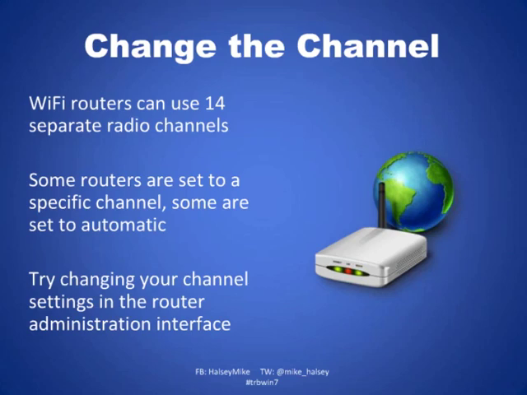So you can go into the administration interface for your Wi-Fi router, and you'll need to check with the manual on exactly how to do this, because they're all different and the settings are all in different places. And you want to change the radio channel to a specific one. I suggest you don't pick one of the low numbers, 1, 2, 3, 4. I'll normally change it to something like channel 7 or channel 8, something in the middle.